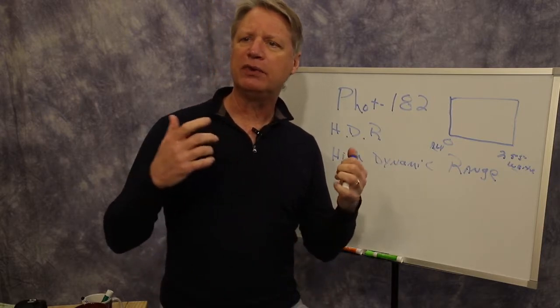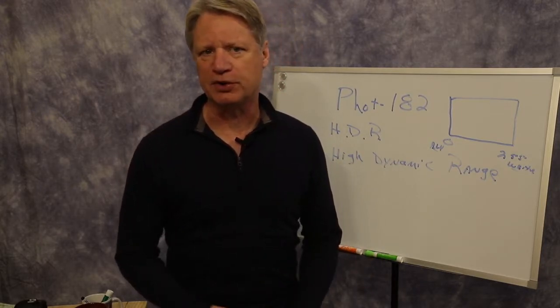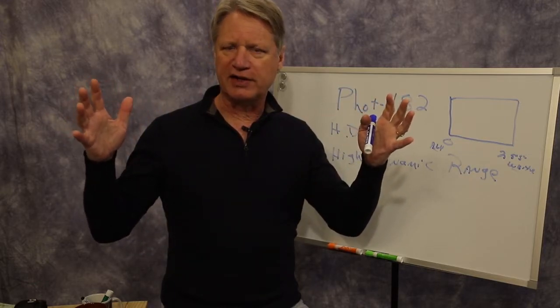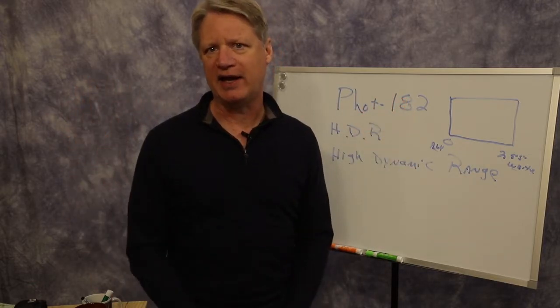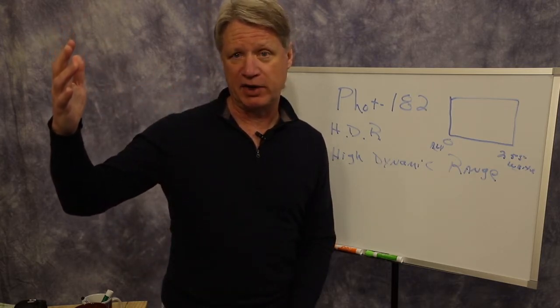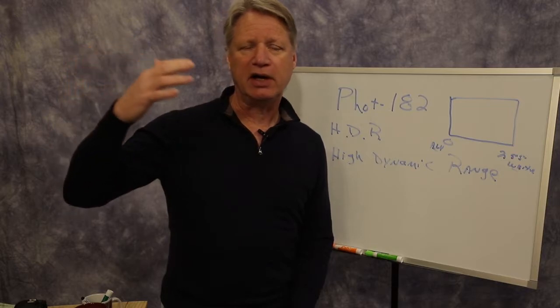So how do we go about capturing something that has a broader contrast range than what the camera can handle? Because your eye can handle far more than what the camera can handle. So how do we do that?